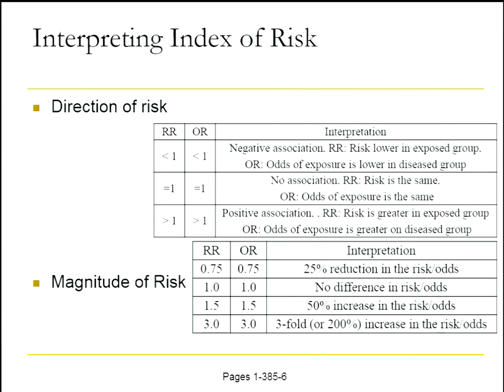Contrast that with a relative risk of 3, which would be a 3-fold increase in the risk associated with that particular situation. So the direction of risk and magnitude of risk, again, is a highly testable concept. Given an odds ratio or a relative risk, you have to make some conclusions about what that actually means.